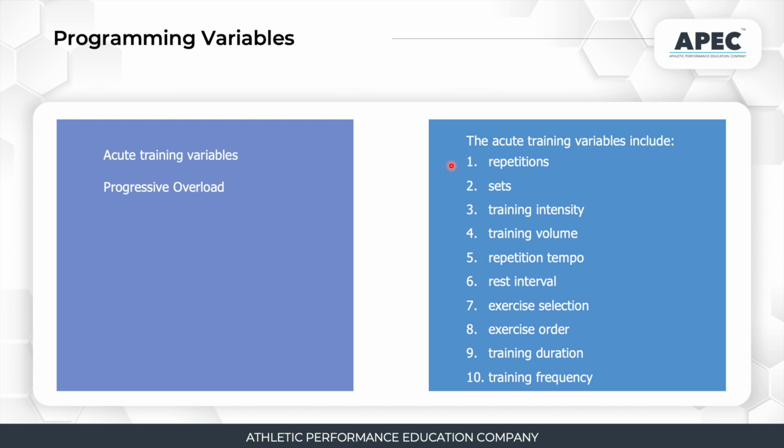So that's over a program. We're going to be looking at the change in repetitions, sets, training intensity, training volume, repetition tempo, the rest intervals, exercise selection, exercise order, training duration, and training frequency.